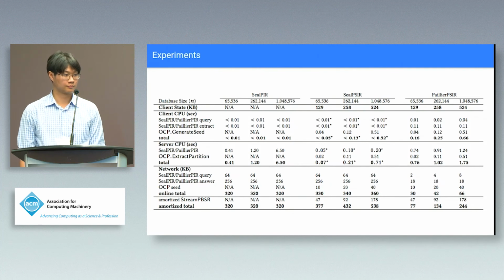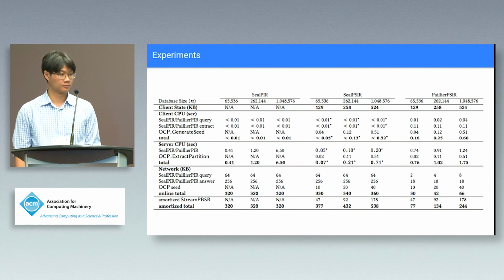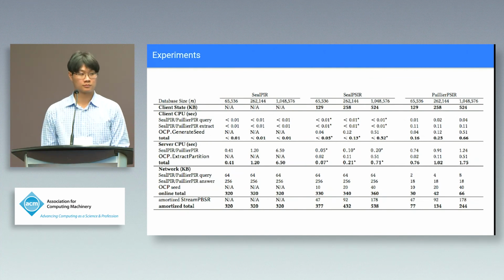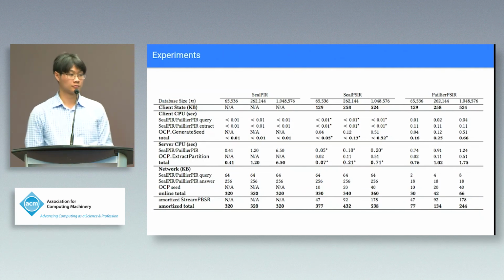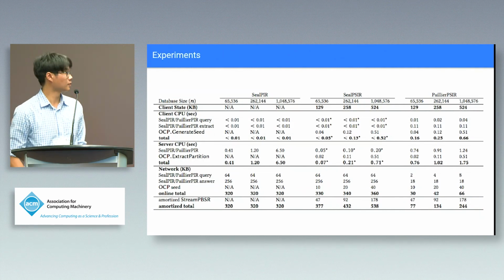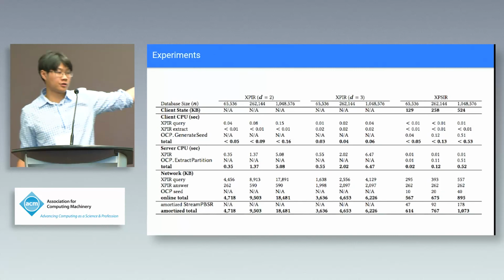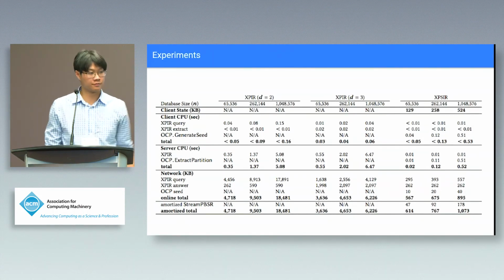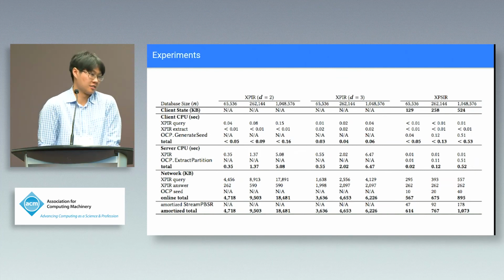And I'll just throw one more. So in your step where you do CPIR on the square root size database, is there an opportunity for recursing and using this technique itself? So XPIR is recursive. Well, XPIR, sure. But XPSIR is also recursive. It doesn't matter at that point, right?